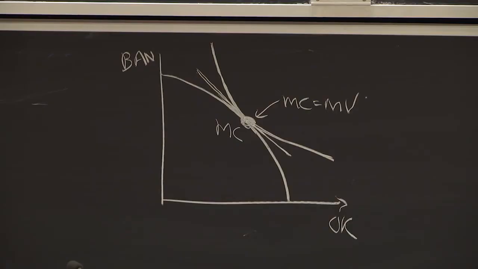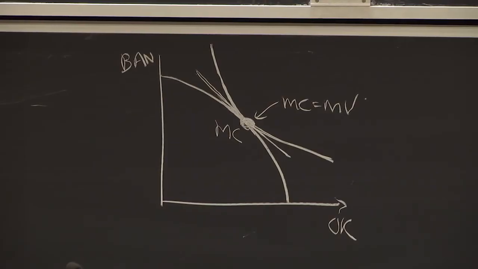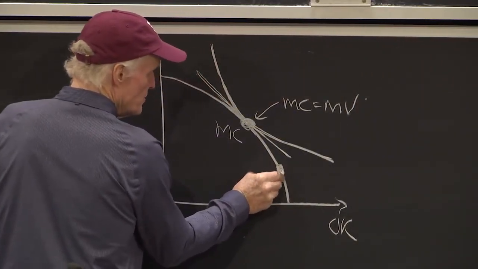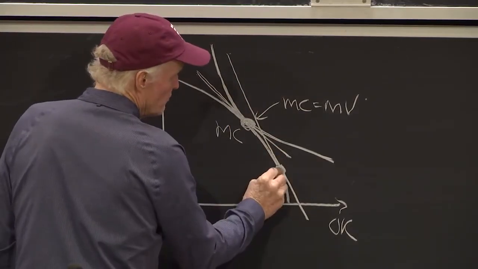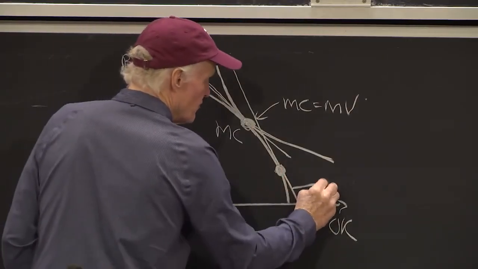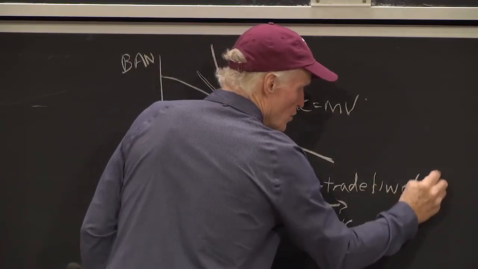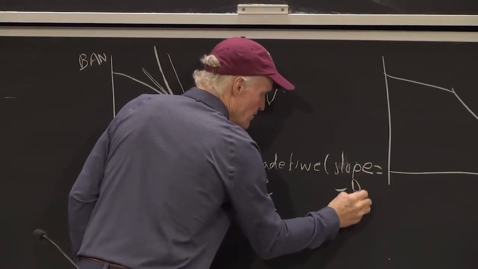So this was marginal cost equals marginal value. But he had this constraint that he had to produce whatever he wanted to consume. When you are allowed to trade, he can now separate his choice of what to produce from his choice of what to consume, because he can trade to make up the difference. So in my example, he'd want to shift his production toward oranges. In fact, he'd want to go to the point where the slope of this trade line equals minus the price of oranges in NAFTA.